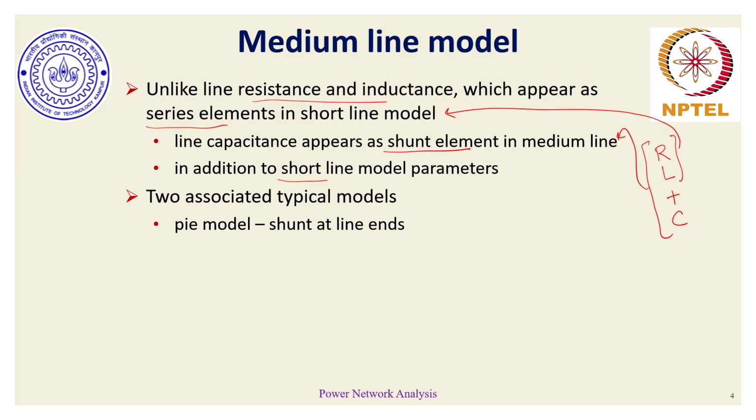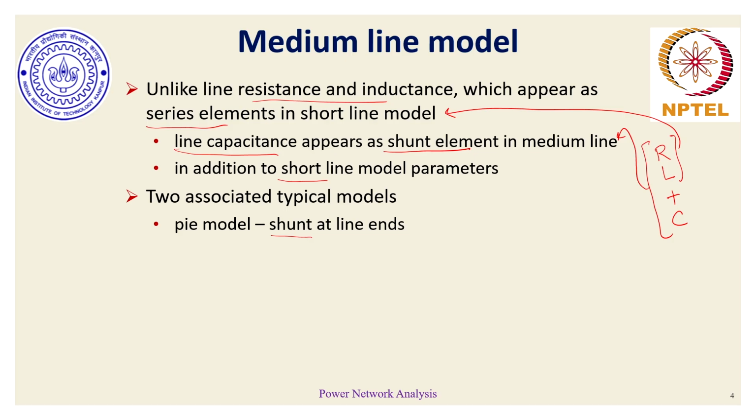And that gives rise to two typical models, two common models, I would say. One is called the pi model, in which half of the line shunt, which is basically the line capacitance, appears as a shunt element between the phase and the neutral or the ground on both line ends, and that's what results in the pi model.